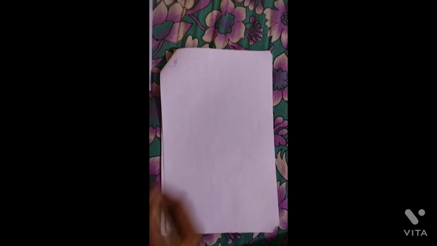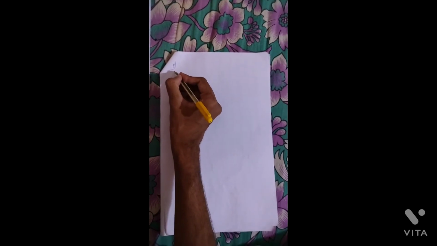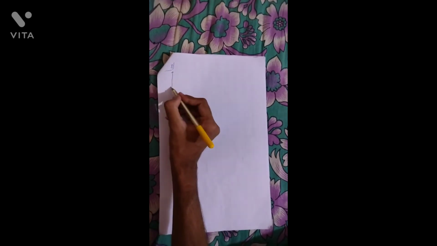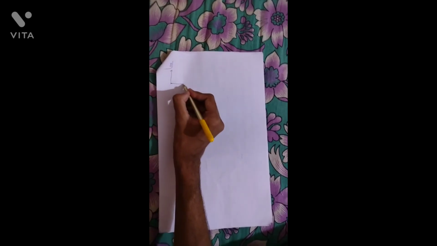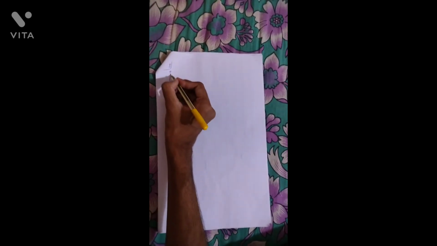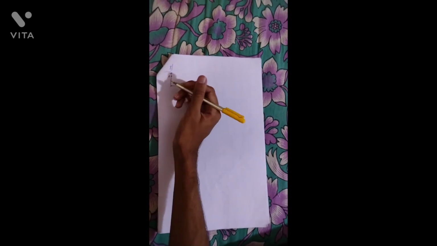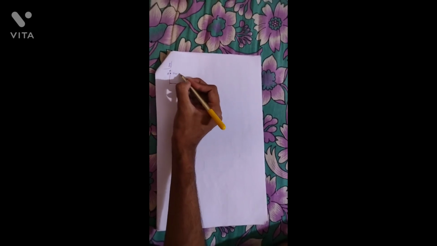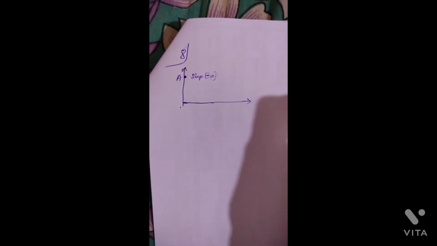Here the options are given. The figure they have given is a straight line like this, then another one from here to this end, one point here, that is A. It is a negative slope, and then it is a negative slope.